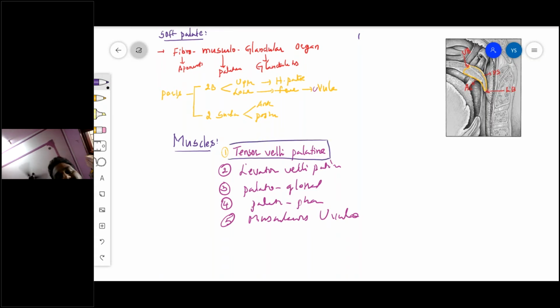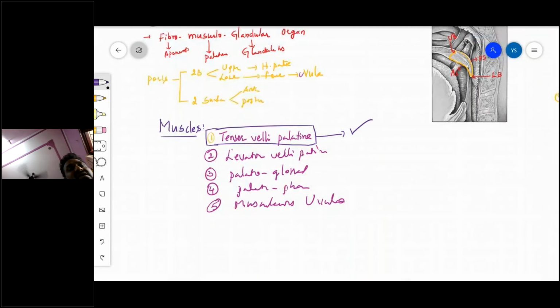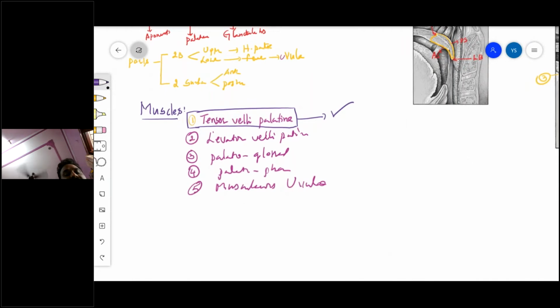Occasionally they ask this muscle as a short notes question, that means a 5 marks question also. That muscle is the tensor veli palatini. Now we see the details about this muscle: origin, course, insertion, nerve supply, and other things.